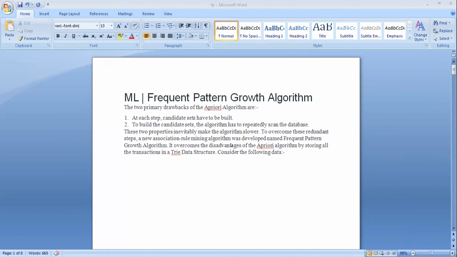So whenever you want a particular item, you have to scan from the starting onwards repeatedly. In the Apriori algorithm, for example, it may be repeated 10 times. The first time it will be scanned, and again you have to scan the second time also.